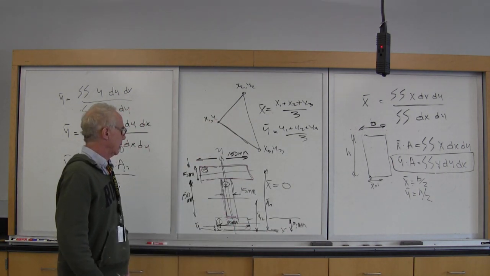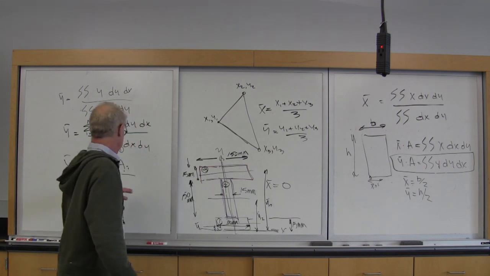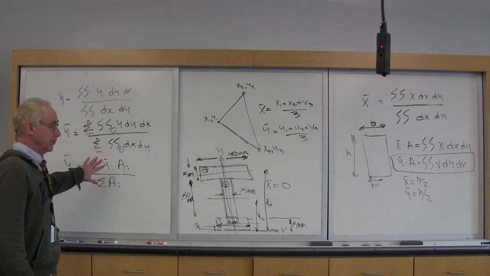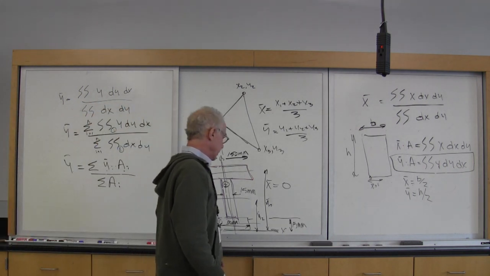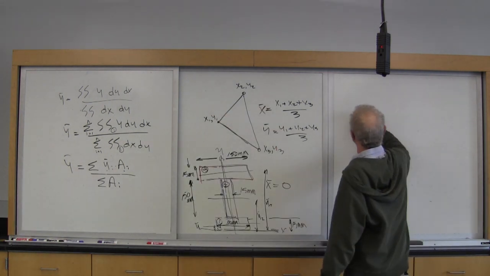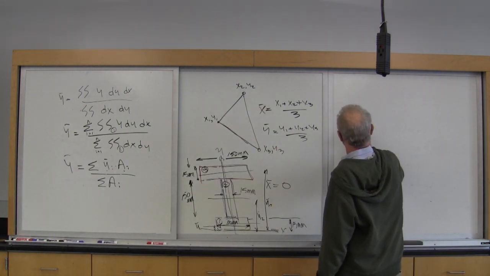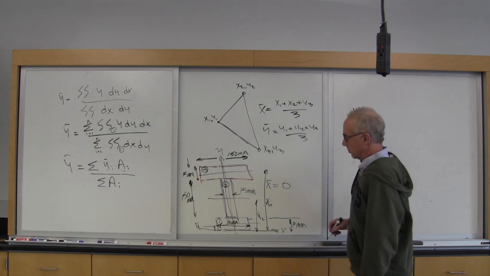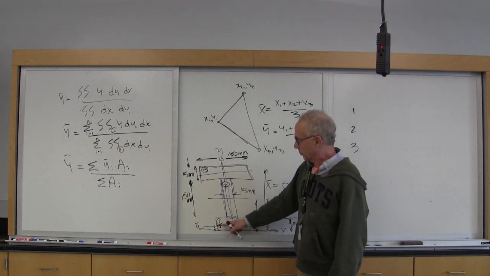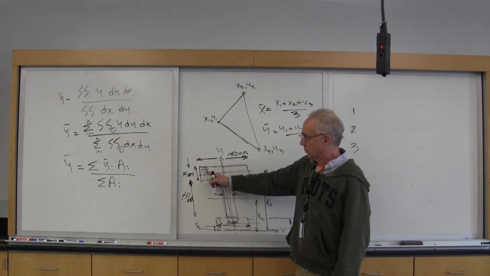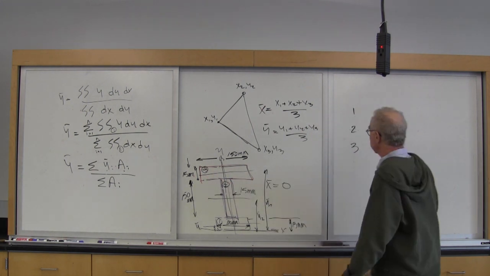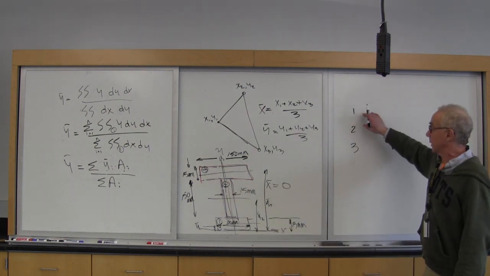Alright, so now I'm going to create my table that we're going to use to evaluate the y centroid. We create a table, and over here we number the rectangle segments. We're going to use rectangle 1, rectangle 2, rectangle 3. This refers to our rectangle components.